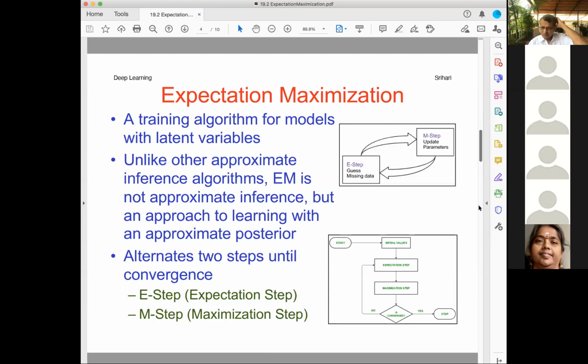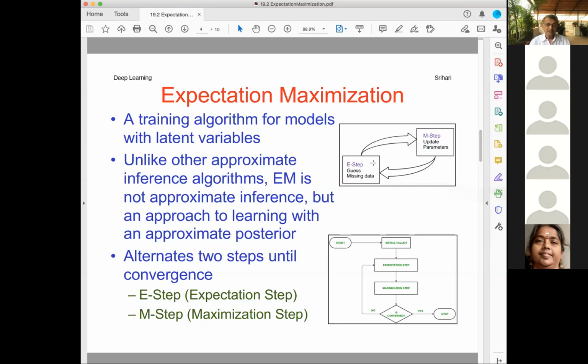And I gave you the example of the Gaussian mixture model, where we have the data, but we don't know which subclass they belong to, which Gaussian they belong to, assuming it's a multimodal k-means type of distribution. And so we estimate that using expectation maximization.